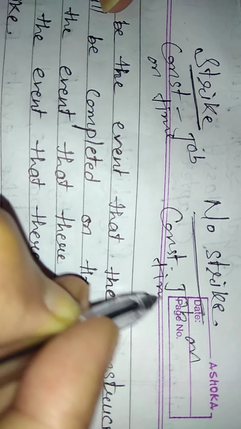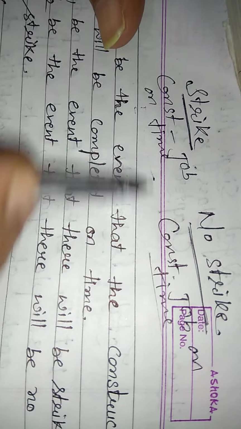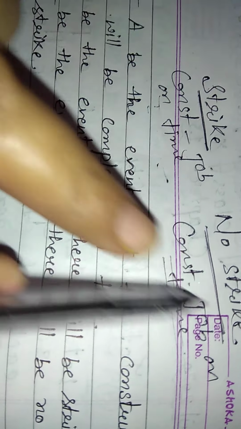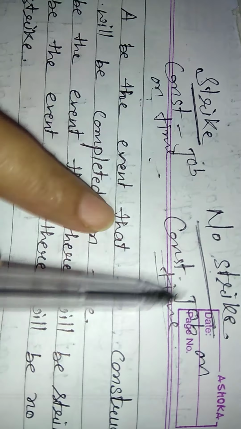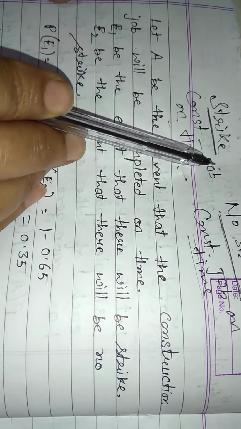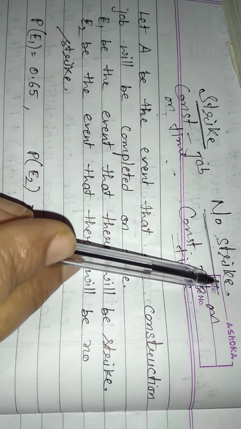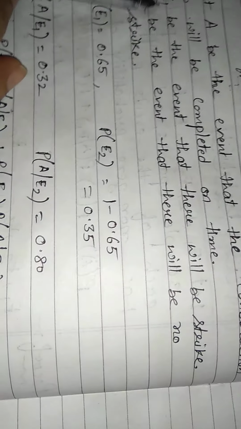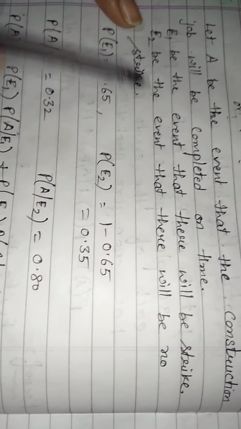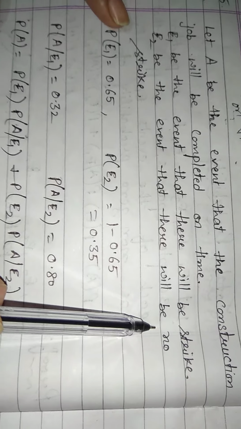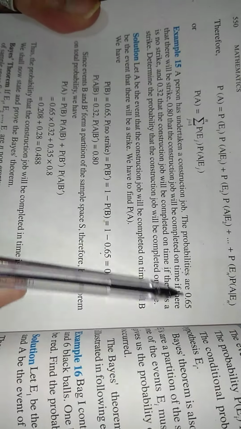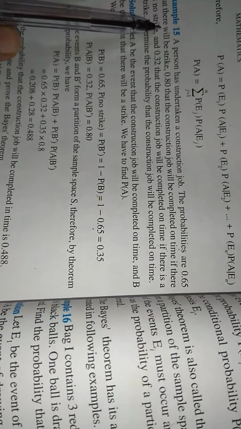We have to find the probability that the construction job is on time, whether there is a strike or no strike. So firstly let E1 be the event when a strike will be there, and E2 be the event when no strike will be there. The probability is 0.65 that there will be a strike.